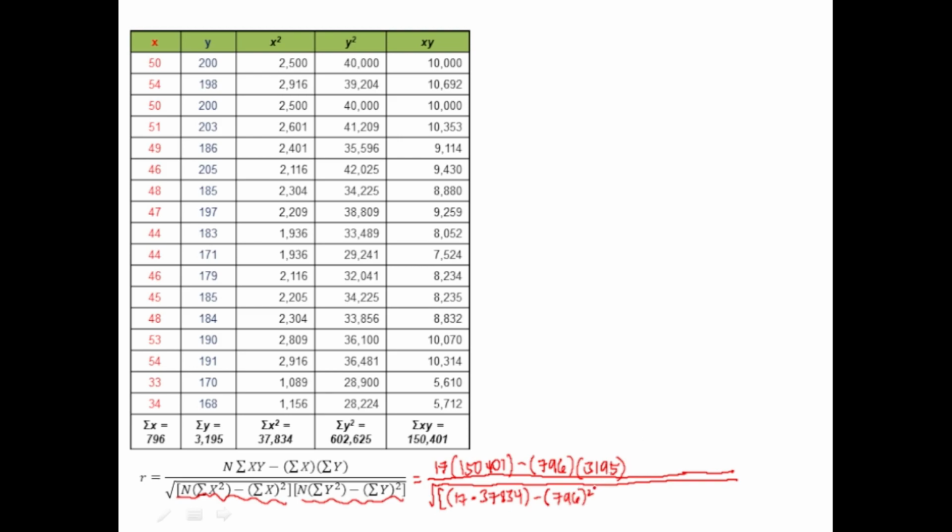Okay, times 17 pa din. 17 times yung summation of y square is 2,625. Okay? Minus yung summation ng y. So, ito ay 3,195 square. Okay. So, ito po yung ipipress natin sa ating calculator.